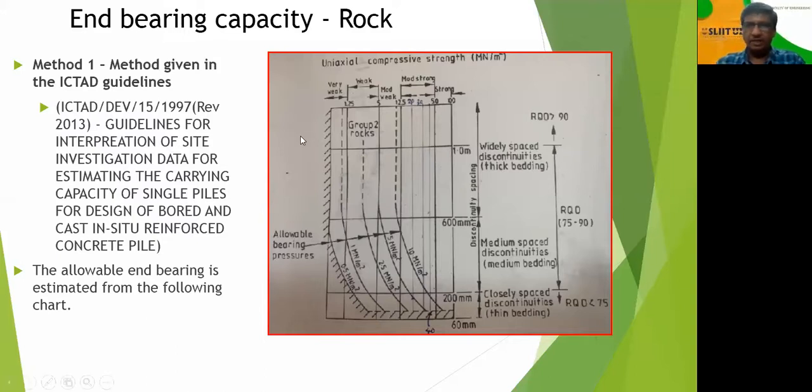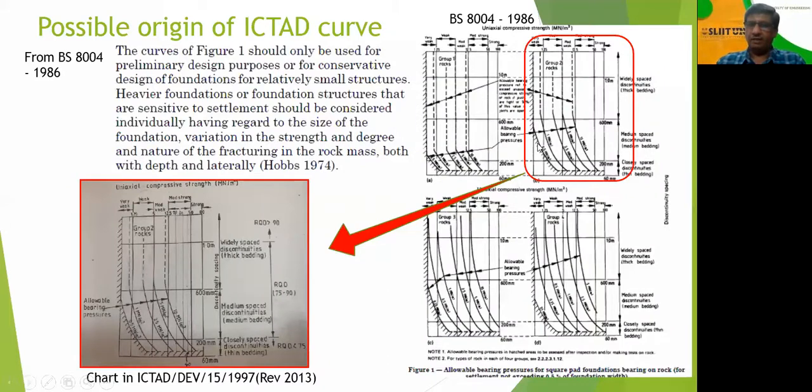If you look at this one, for example, I have taken here these 4 curves, 4 rock groups, right? They have used rock group 2 to develop this particular chart.